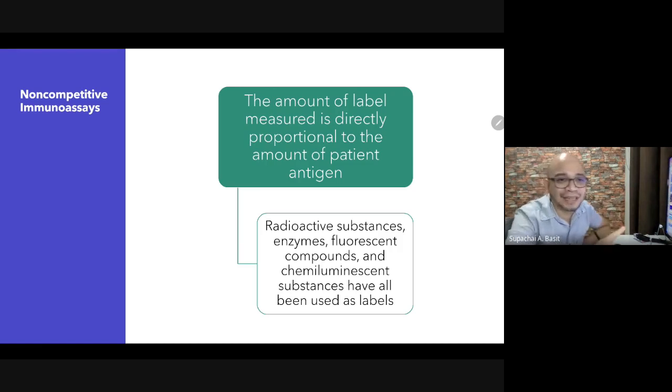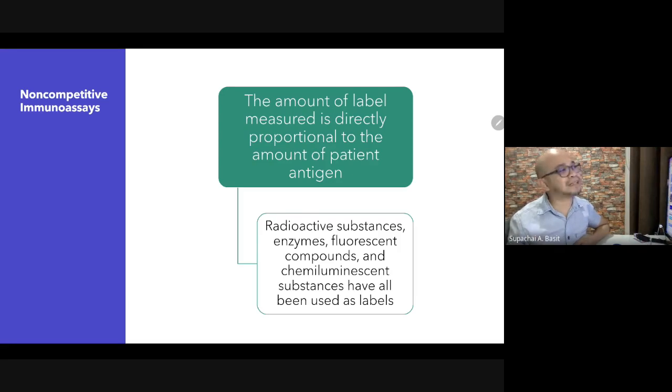Therefore, the amount of label measured is directly proportional to the amount of patient antigen. For example, the more intense the color, the more patient antigen is present.